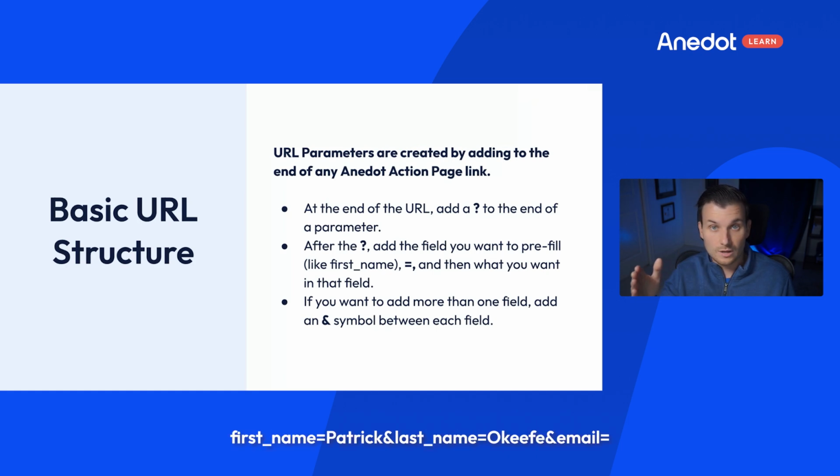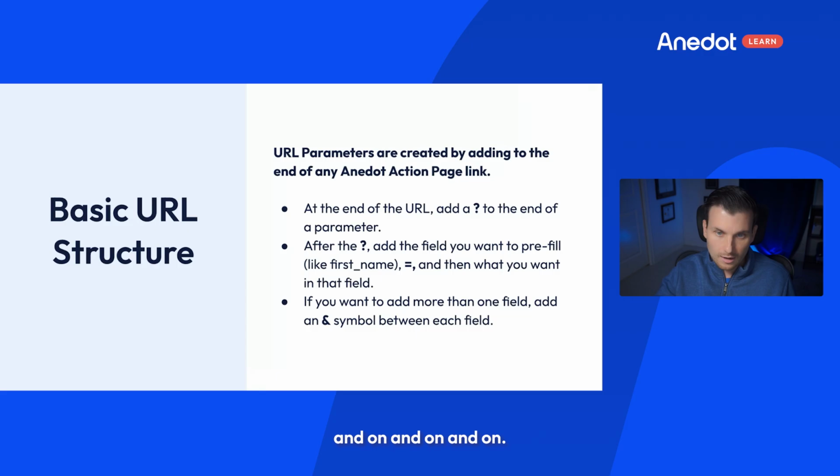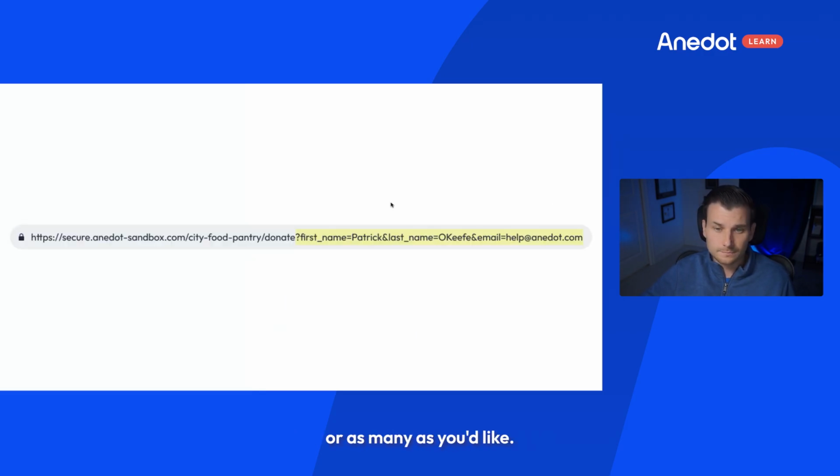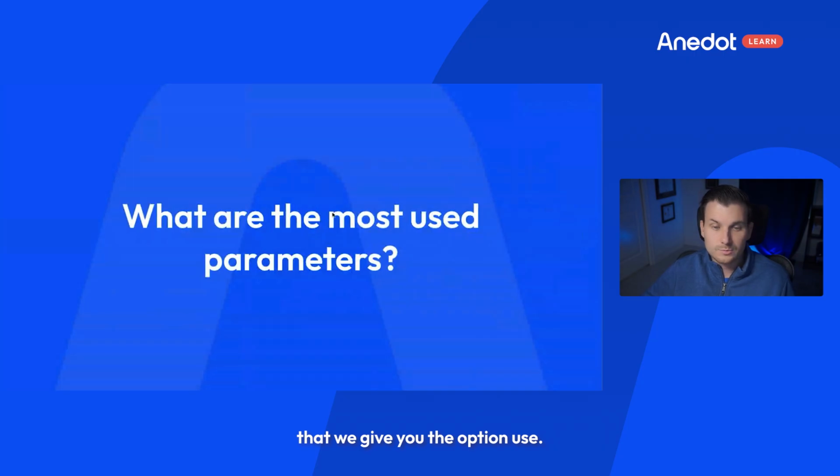So it's first_name equals Patrick, and last_name equals O'Keefe, and email equals, and on and on. It allows you to have just one field or as many as you'd like. So you can see this example here where it's first_name, last_name, email equals, and it continues to get added on. And this can be done for nearly every field that we give you the option to use.